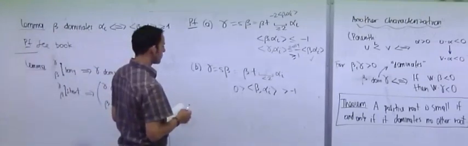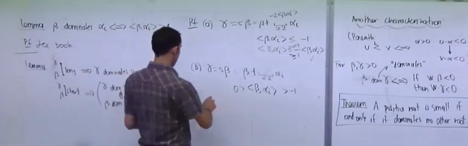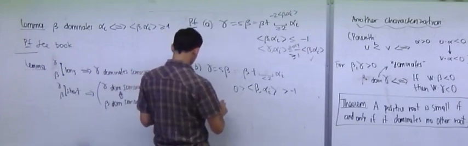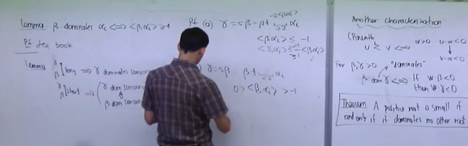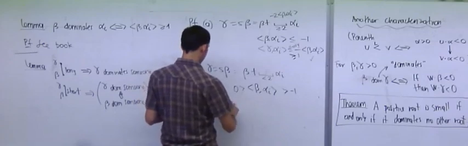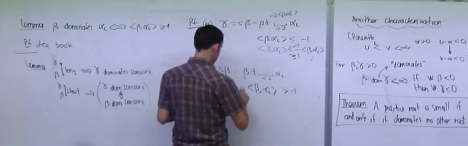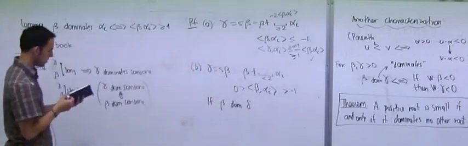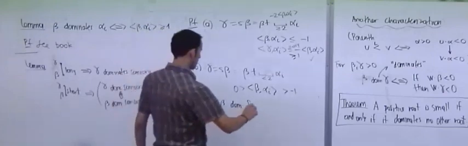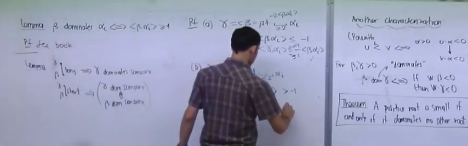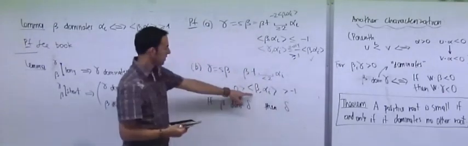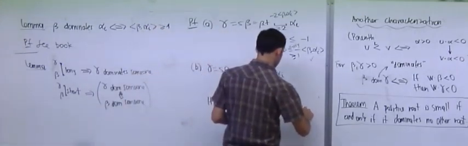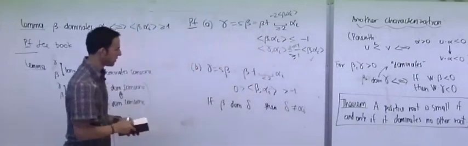Okay, so now suppose that beta dominates something. Let's say delta. Then I know that delta cannot be alpha I, right?